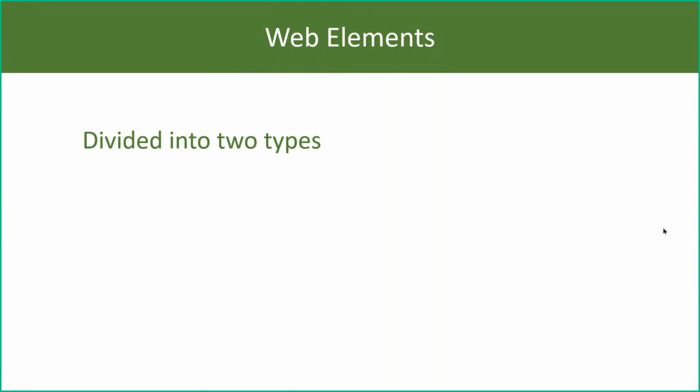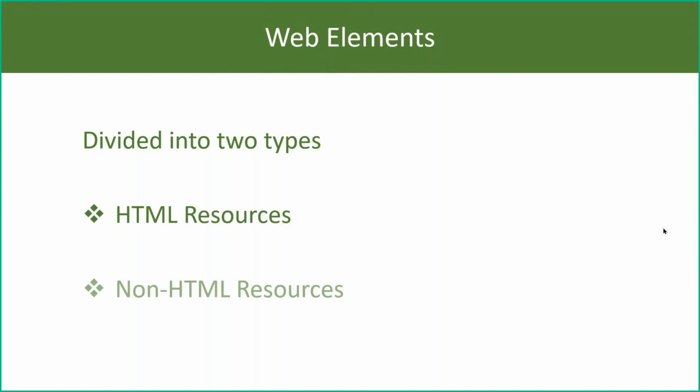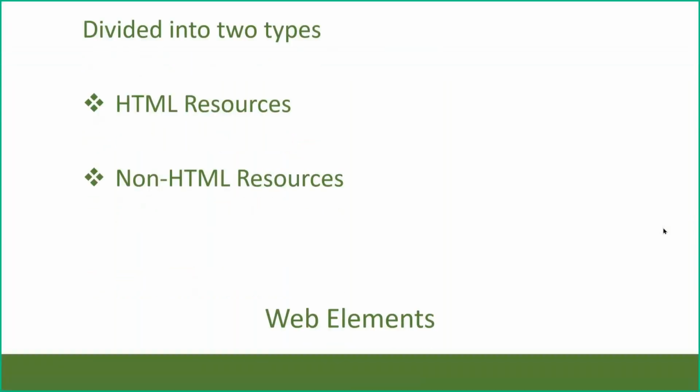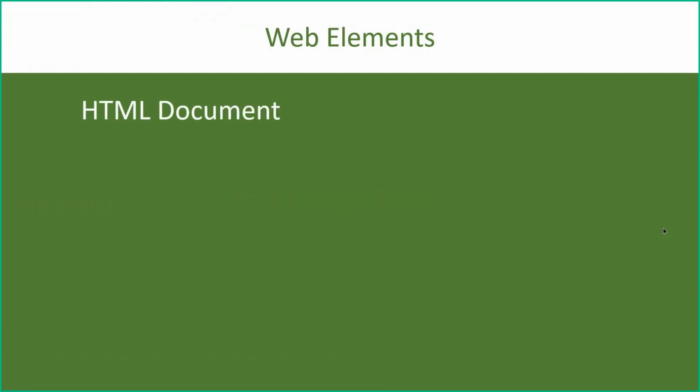These web elements or web resources are generally divided into two groups. One is the HTML resources, and another one is the non-HTML resources. The HTML document is associated with the HTML resources, which is also called the main request or the primary request for any web page that we are going to load.